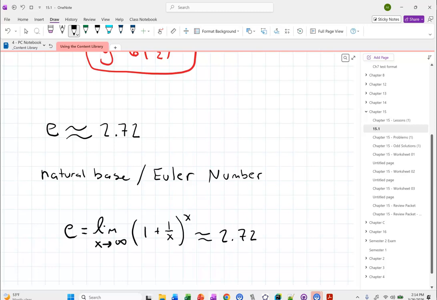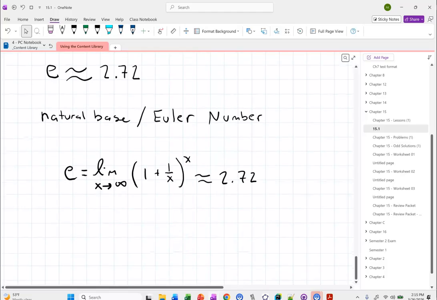And we'll talk about that when we talk about compound interest. We'll circle back to this and talk about why this number is important. But that's the gist of it.